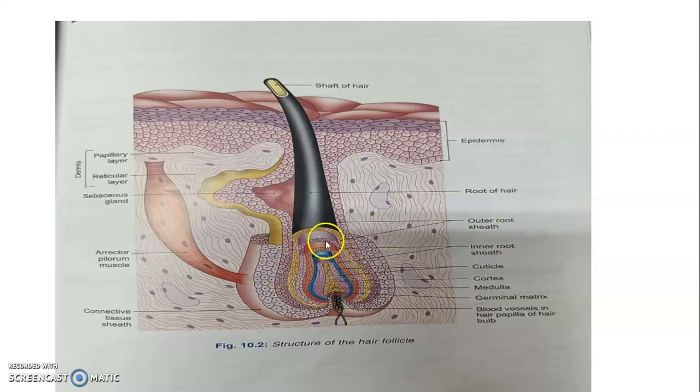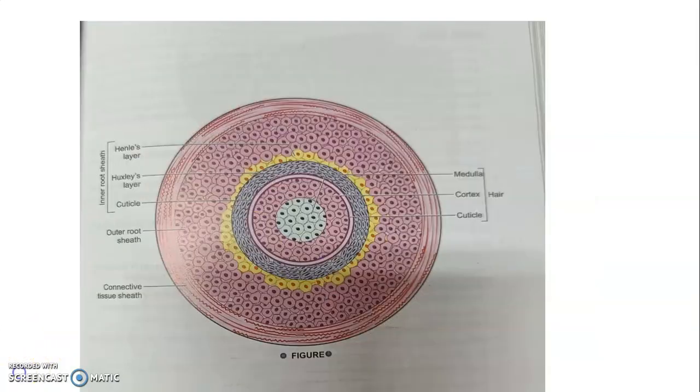The inner root sheath consists of a cuticle lying adjacent to the cuticle of the hair root. The inner root sheath is comprised of two layers, Huxley's layer and Henle's layer. Huxley's layer is further comprised of 2 to 3 layers of flattened nucleated cells, and Henle's layer of a single layer of cuboidal cells.